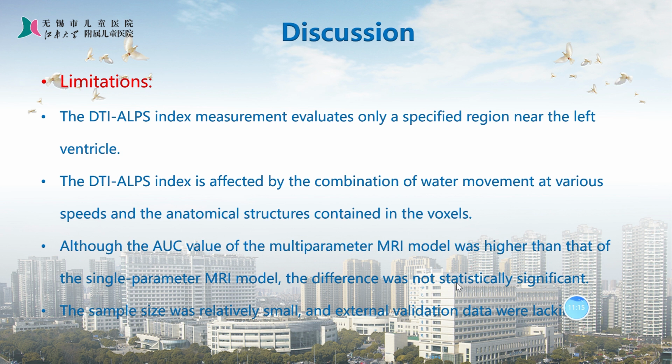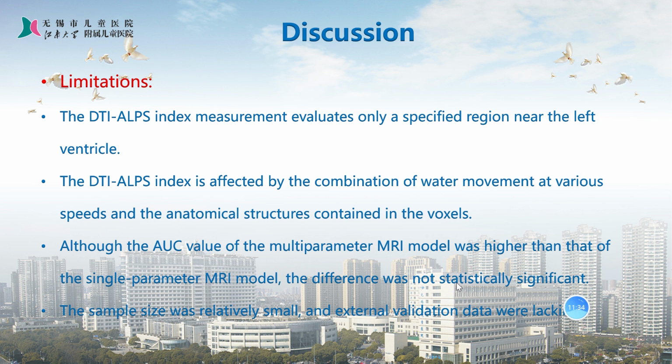This study had some limitations. Firstly, the DTI-ALPS index measurement evaluates only a specific region near the lateral ventricle. Whether this region reflects the glymphatic function of the entire brain requires further confirmation.